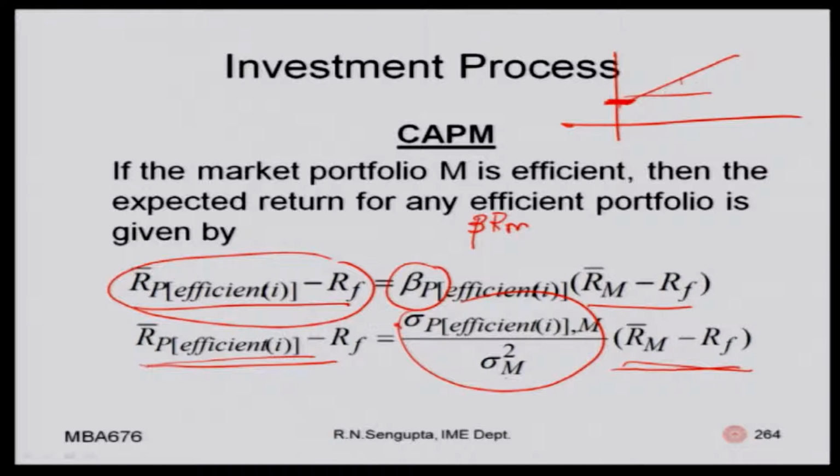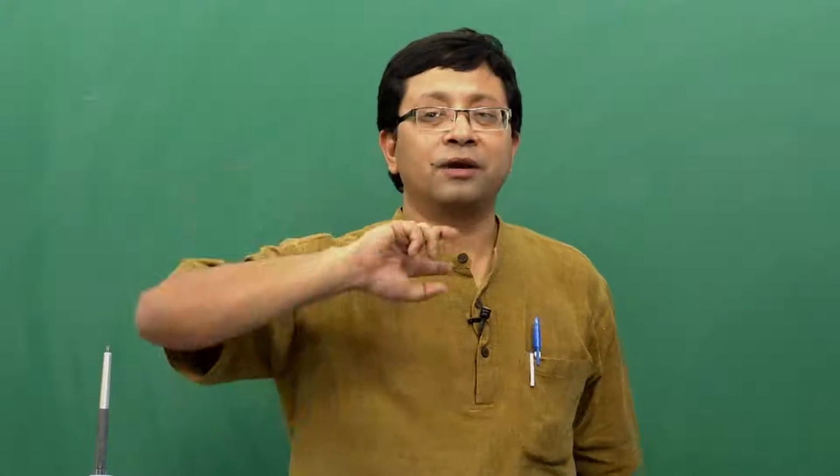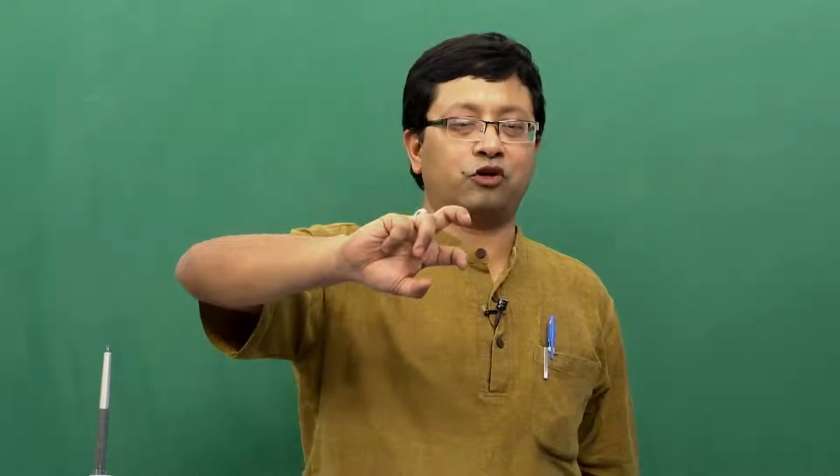So, what you want to find out is that beta and where the value of Q or M is, and whether the particular slope is greater or less, based on which you will find out whether the pricing of the stock has been done perfectly and what is the relationship between the efficient portfolio and the risk of that particular portfolio. Nothing to do with the market. So, you are trying to compare the efficient portfolio, if it is efficient, with the market and find out how good or bad it is.